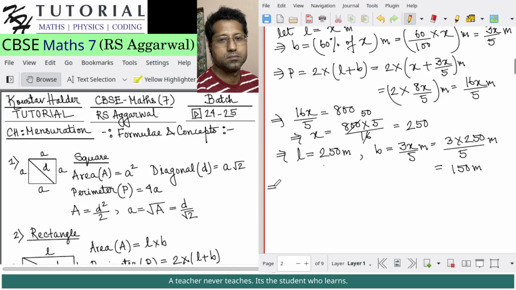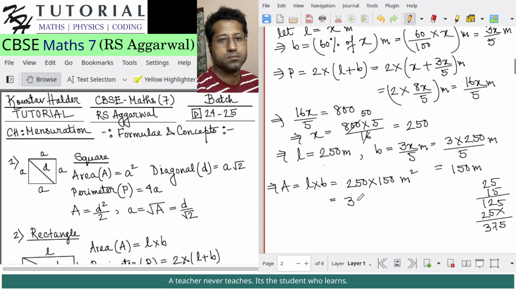So the area will be equal to length multiplied by breadth, which is equal to 250 multiplied by 150, this much meter square. This is equal to, how much is 25 multiplied by 15? 125 and 25, this is 375.